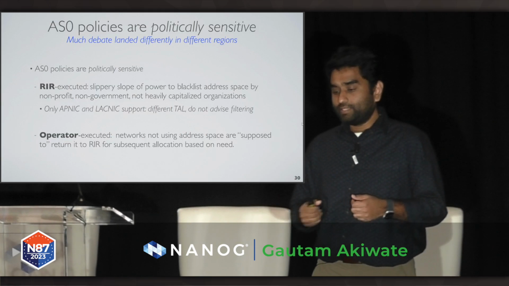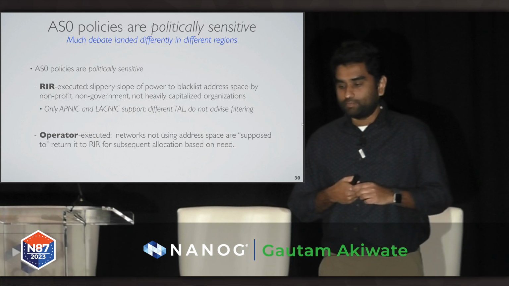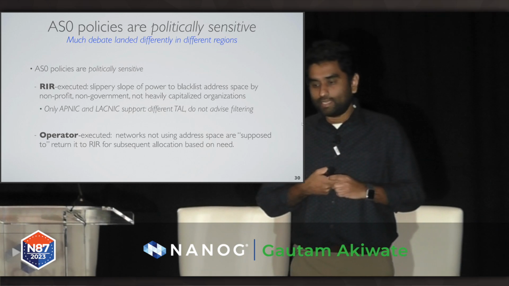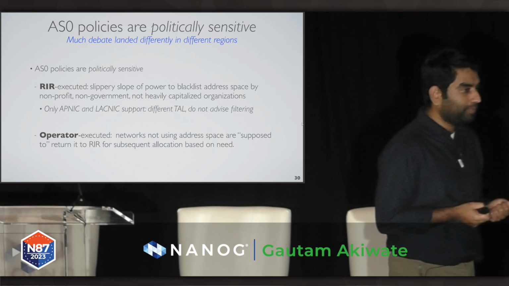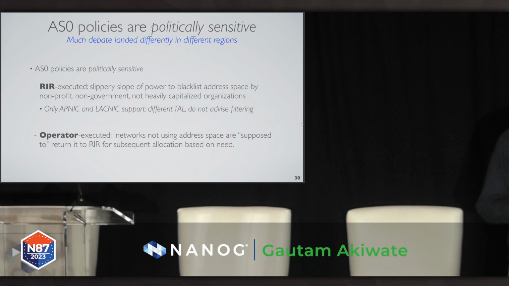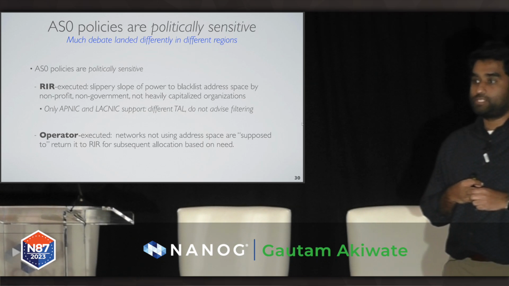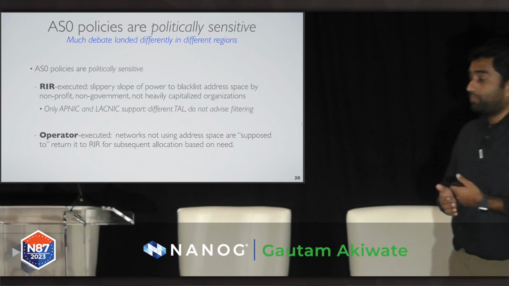But as I mentioned, each of these AS0 policies has some political sensitivities. From what we are told, operators are not thrilled about RIRs having AS0 capabilities, because by adding entries into this AS0 chart, RIRs might be able to take away address space from operators.